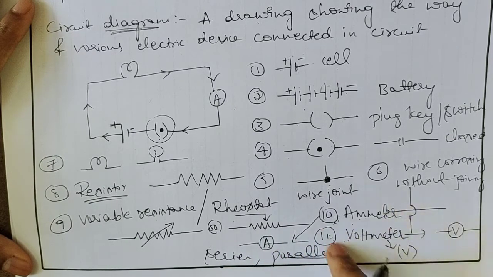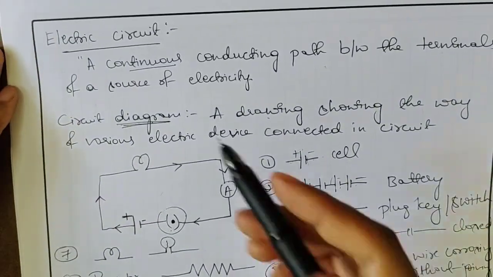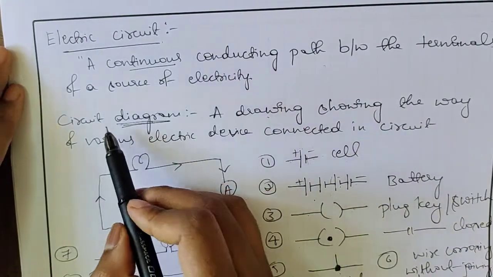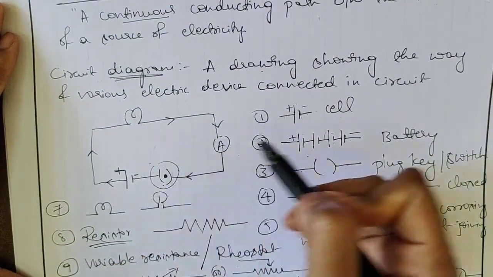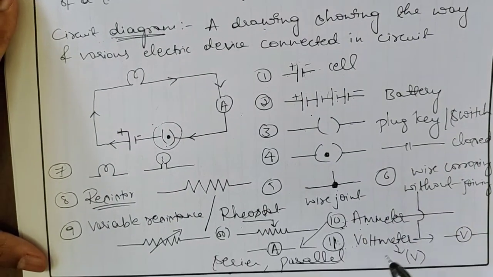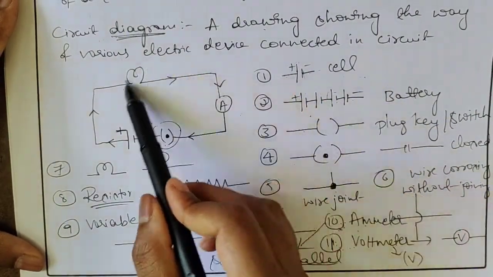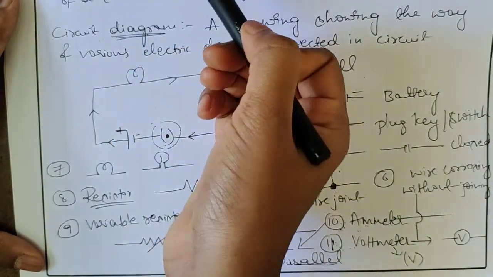Again we'll recall about this ammeter and voltmeter. Now I hope you understood exactly what an electric circuit is, what a circuit diagram is, how to write a simple circuit diagram, and the 11 important components which we'll be using in a circuit diagram. Now how will we get the question? Of course they won't ask to define electric circuit.